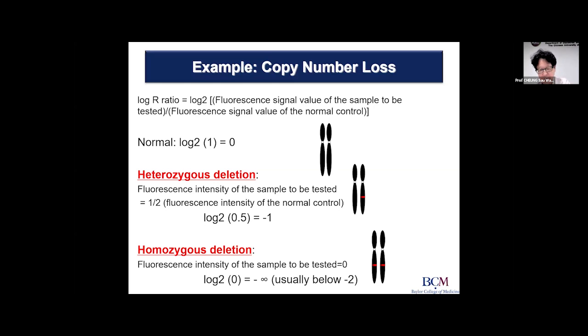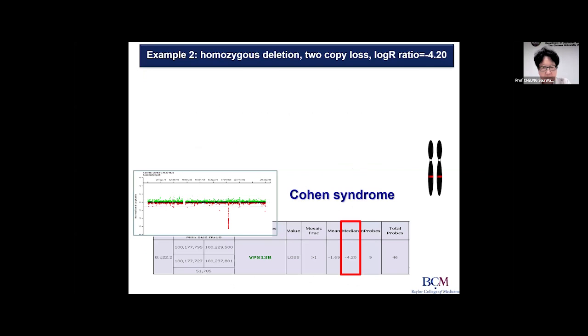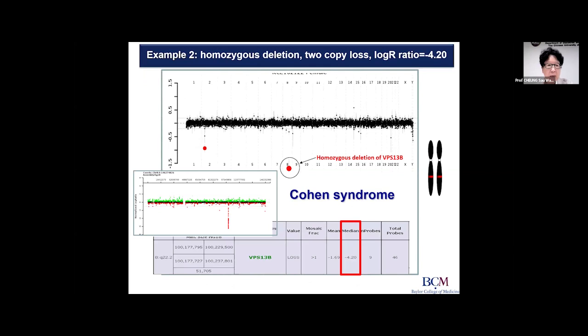You need 2 copy deletion in order to get the autosomal recessive disease. So here's an example of a homozygous deletion, 2 copy number loss.